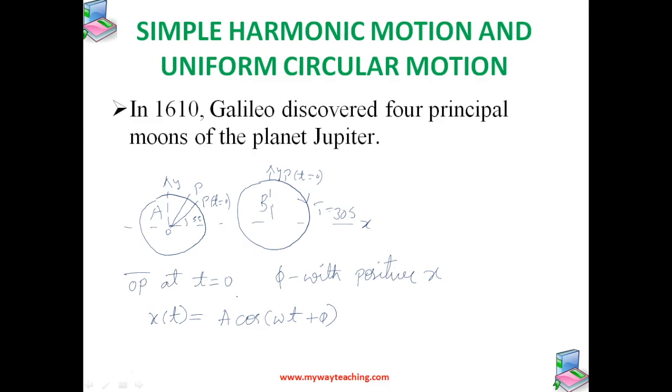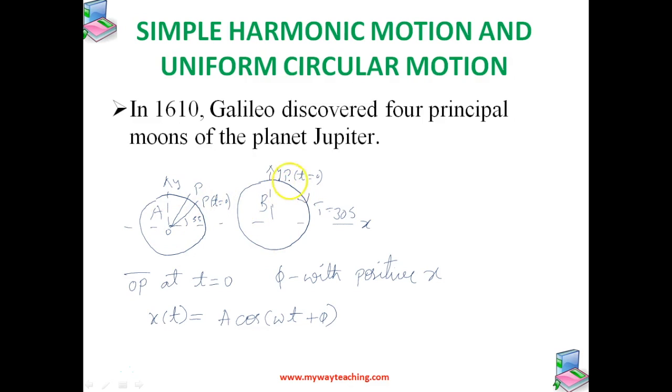The particle P and the circle on which it moves, we sometimes call the reference particle and reference circle. We can even take the projection of the motion of P on any diameter, say on the y-axis, as you can see here.